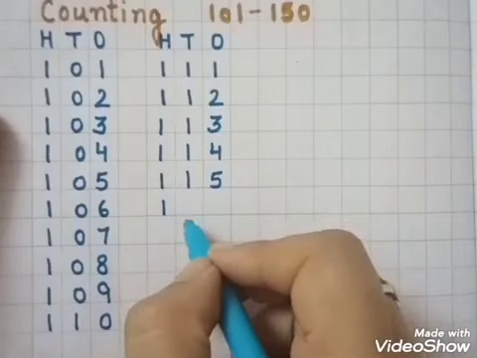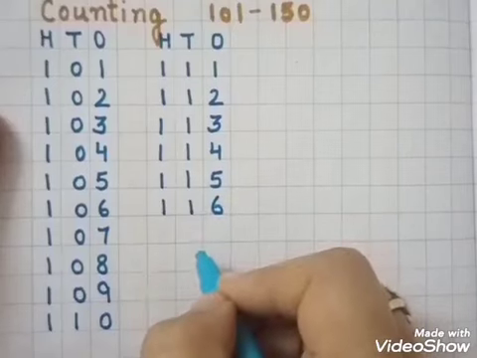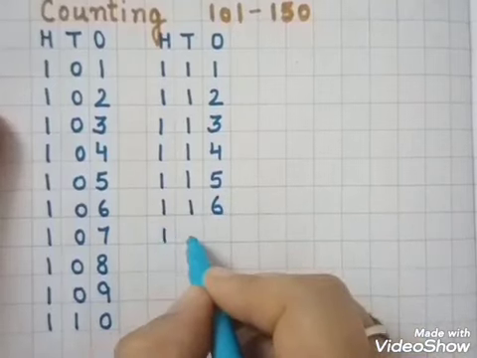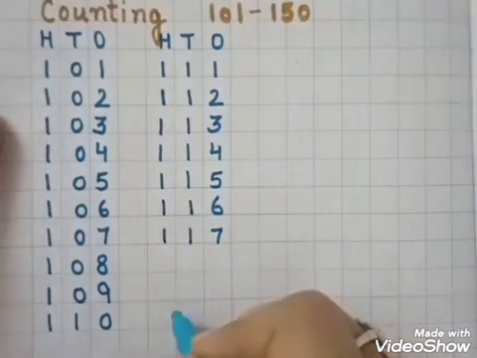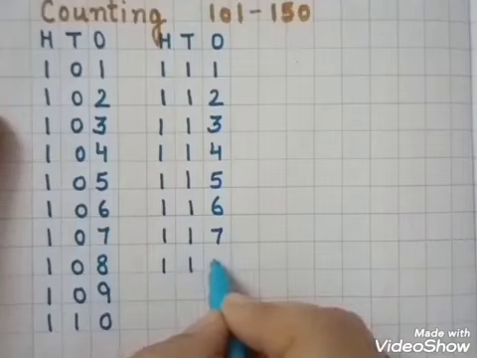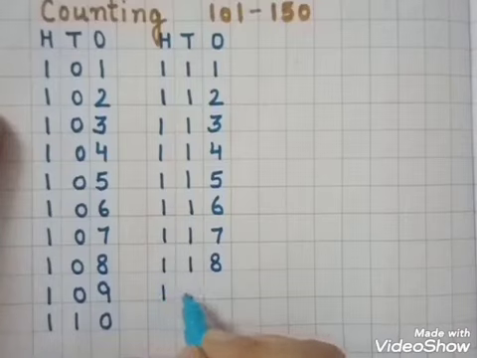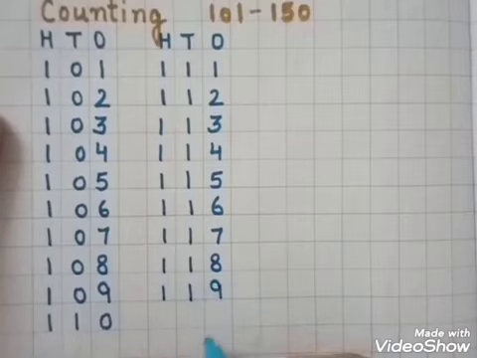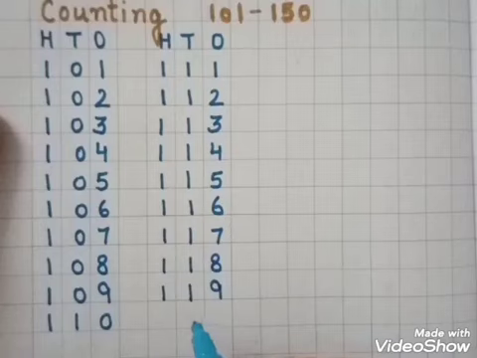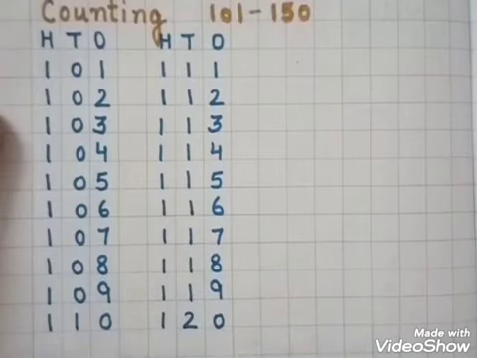Here 1, again 1, then here 6. 116. 1, 1, 7. 117. 1, 1, 8. 118. 1, 1, 9. 119. Here 1, 2, 0. 120.